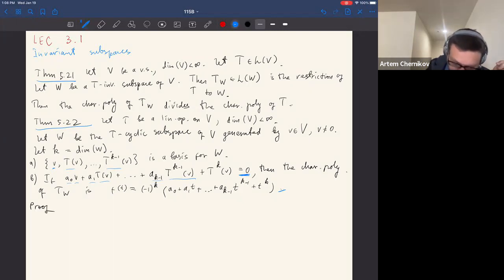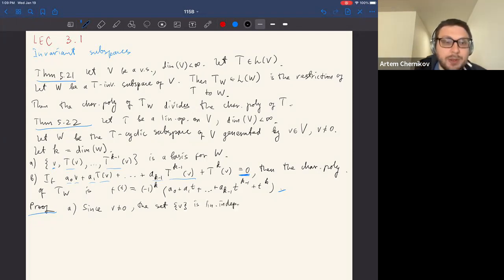So proof. So first part, A, okay. So our task is to show that this is a basis. So since we have that v is a non-zero vector, remember, it follows that the set consisting of the single vector v is linearly independent. Yeah, so just triviality, okay.